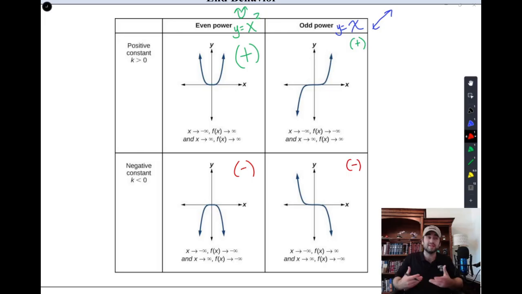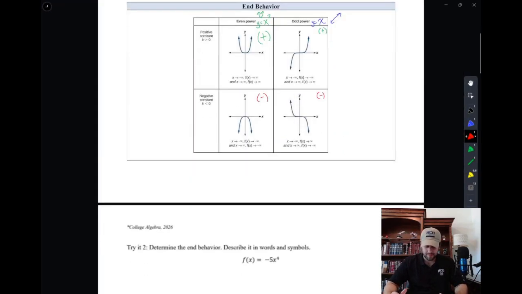Instead of thinking happy and sad, like a frown or a smiley face, think about your bank account. Which one of those looks like the better bank account to have? The positive one certainly looks like the bank account you want. And so positive means it's increasing as x gets bigger, and negative means it's decreasing as x gets bigger. Sweet. So that's the end behavior.